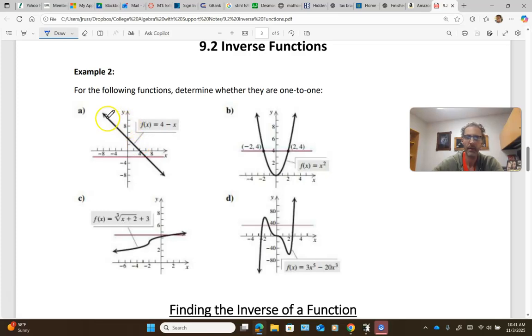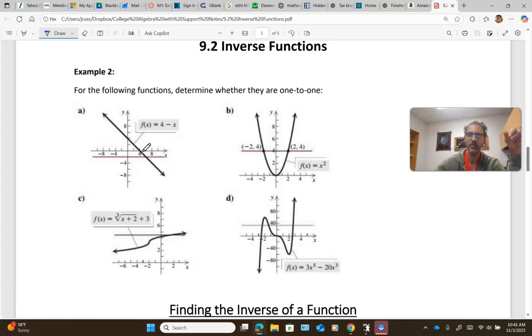Okay, well, would it pass a horizontal line test? Well, the answer is yes, because anywhere you put a horizontal line, it will intersect in only one place. So that means that to each x there corresponds a unique y, and conversely or similarly, that also means that to each y there corresponds a unique x.